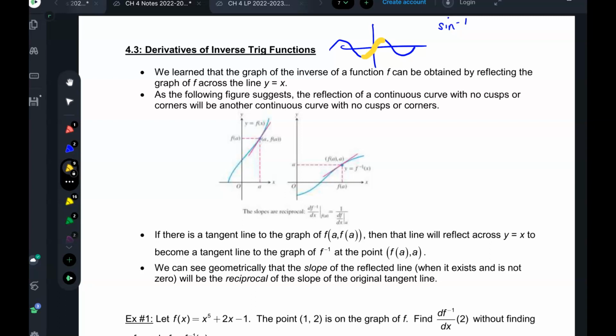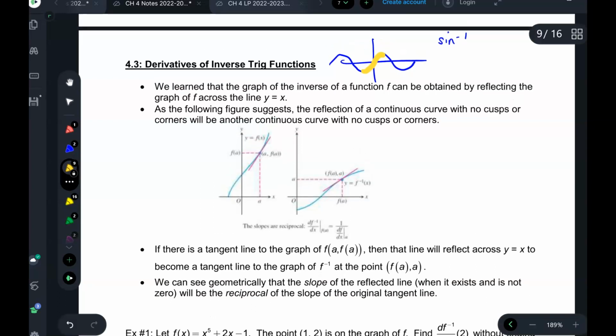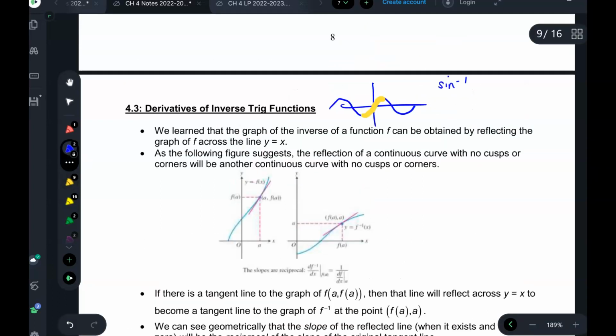Can you remind one more time what all the inverse ranges are? Negative pi over 2 to positive pi over 2 for sine inverse.